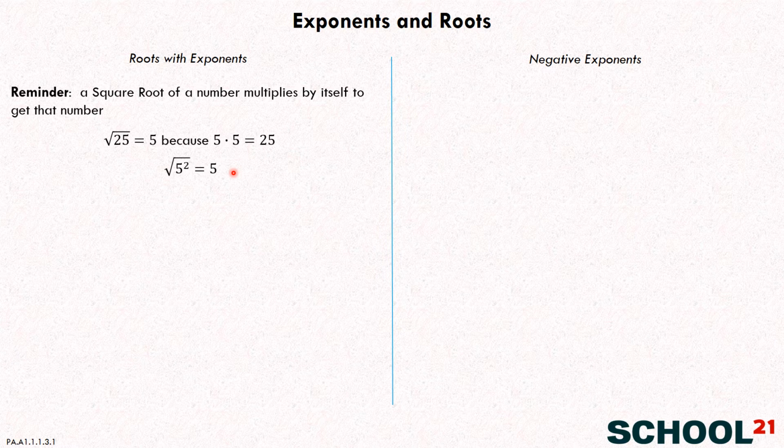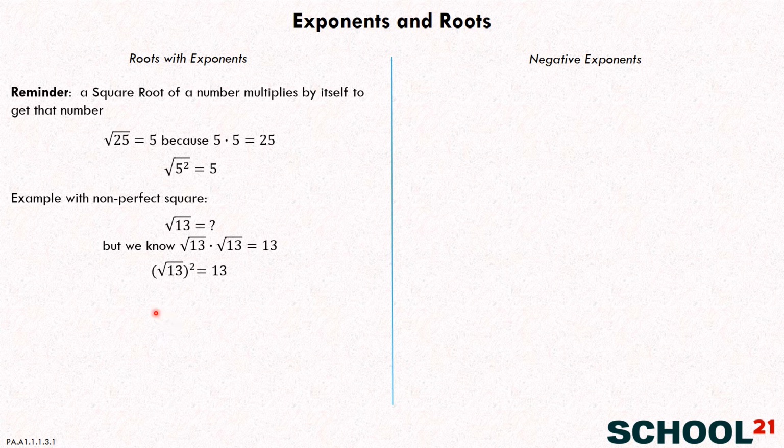Yep. Okay. And then let's look at another example, with a non-perfect square. We don't know what the square root of 13 is, but we do know that the square root of 13 times the square root of 13 equals 13, right? Right. And when we have something multiplied by itself, it's squared, so we could rewrite this portion as the square root of 13 squared.